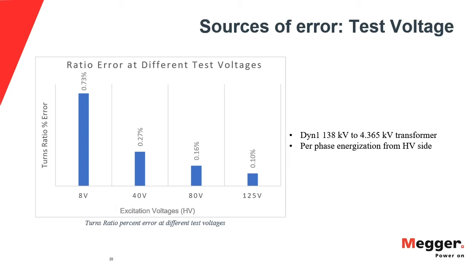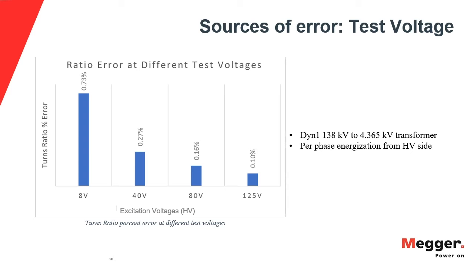We obtain 0.73% ratio error, outside the IEEE limits, right? So what happens when we increase that excitation voltage without changing anything else? Just go from 8 to 40 volts, then things start to look a little bit better. 0.27% of ratio error, right? We are already inside the limits. Go to 80 volts, 0.16%, 125 volts, 0.10%.